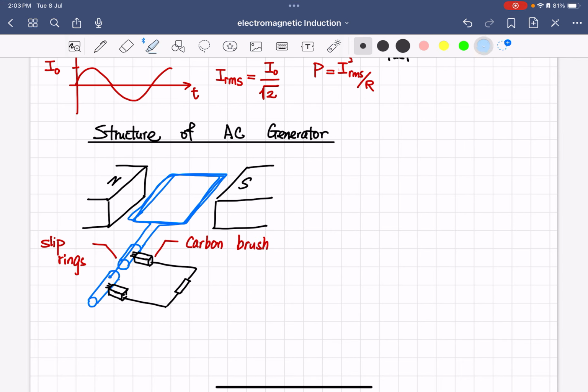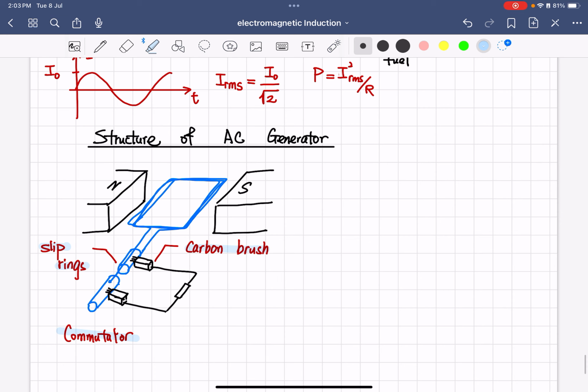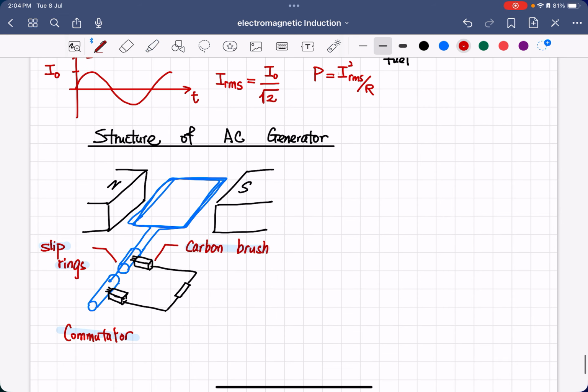Usually when these two are talked about together, we may call it the so-called commutator. And then you have a load outside.